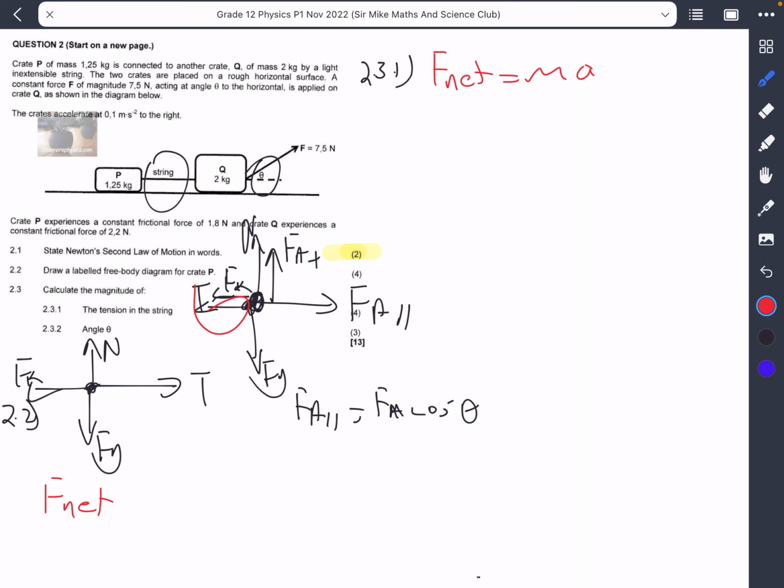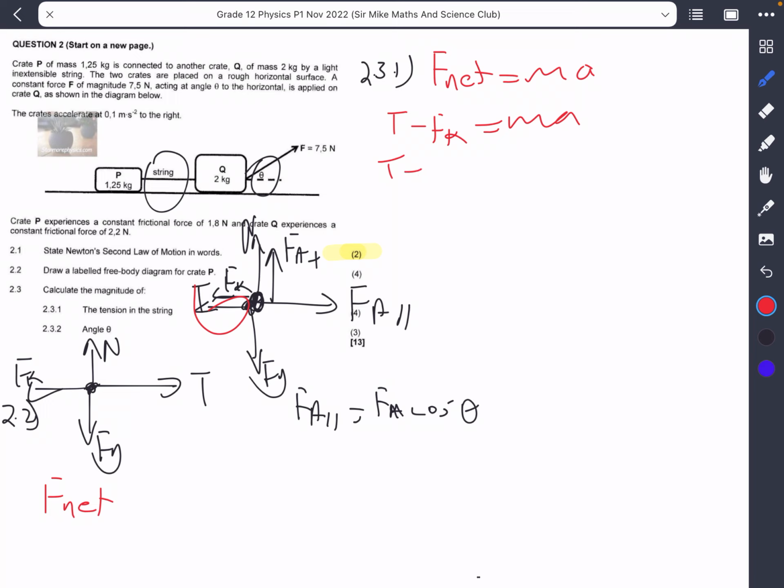So what I would have eventually would be T, which is tension, that would be positive, minus Fk. So that would be equals to MA. Now M, we know that's the mass, and we don't know T, which is what we are looking for. We know the kinetic friction acting on that block, which is P. They say that it is experiencing a constant frictional force of 1.8.